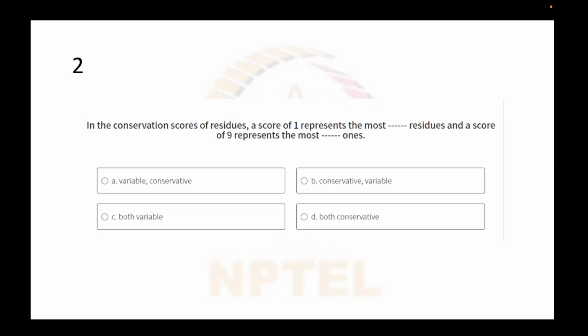So here I have a question. For the conservation scores of residues, the score of 1 represents most of what residues and a score of 9 represents most of what residues? So whether the score 1 represents conservative or variable residues, or 9 represents conservative or variable, or both represent the same.